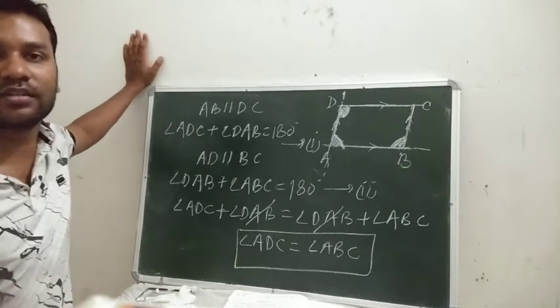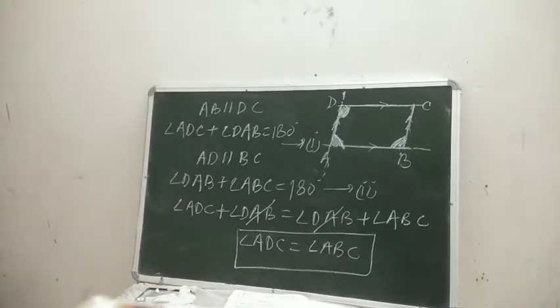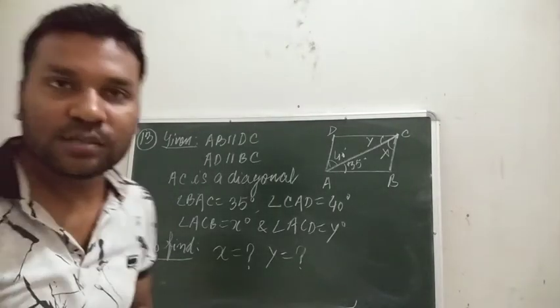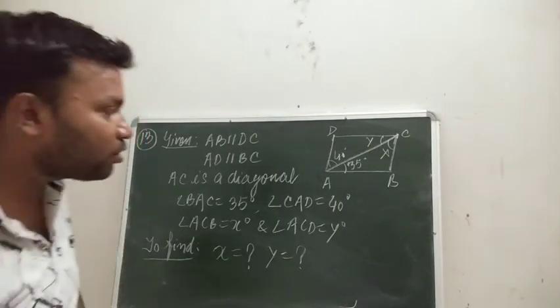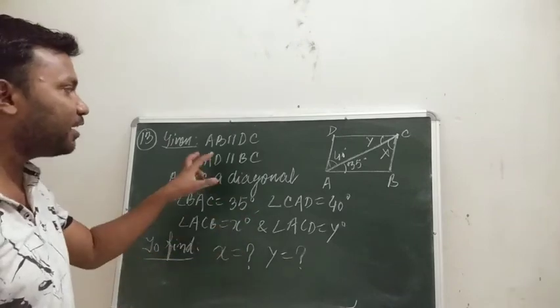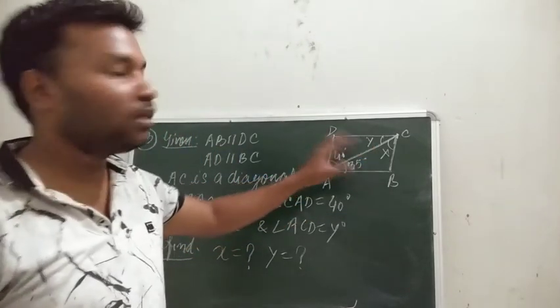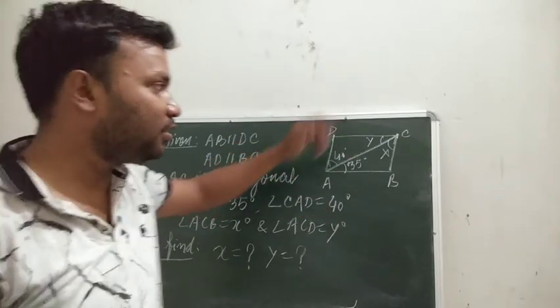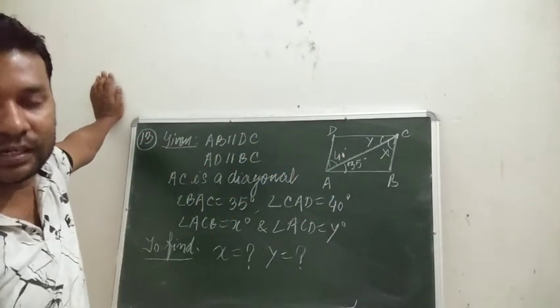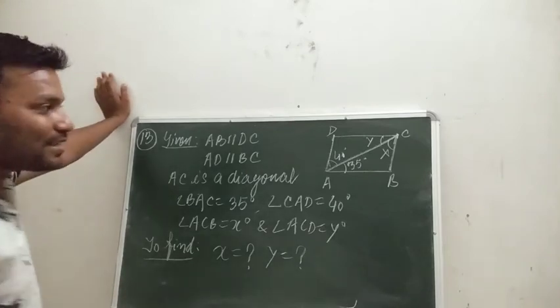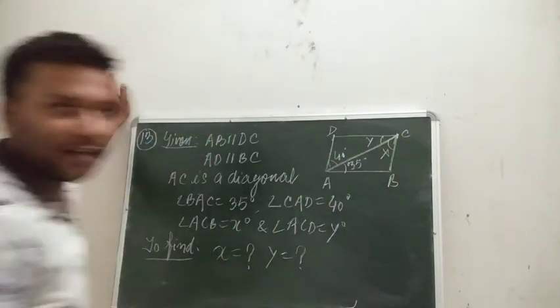Now let's move on to the next question. Question number 13. Again in this question we are given a quadrilateral in which AB is parallel to CD and AD is parallel to BC. That is, the opposite sides of this quadrilateral are parallel, and AC is given as a diagonal.